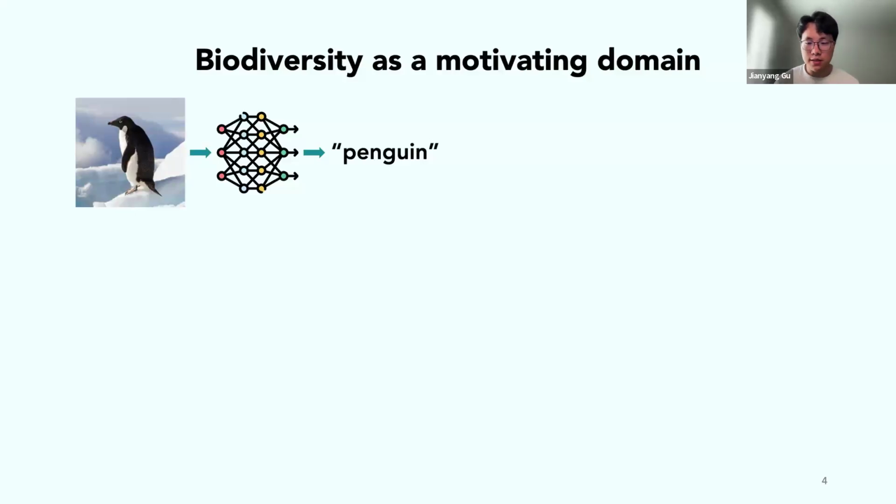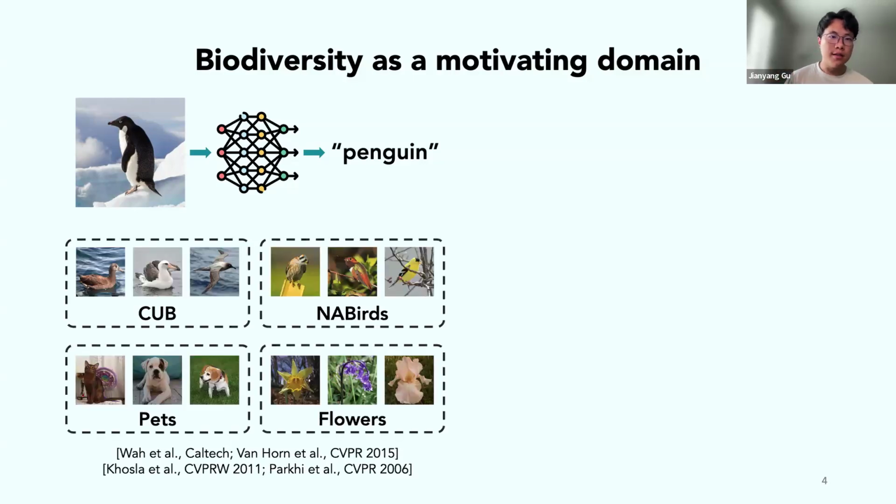This is a very classic and foundational object classification task. And biodiversity has contributed many very early datasets into the domain of image classification, such as CUB, birds, pets, flowers. It covers a lot of different species, like plants, animals, a lot of them.